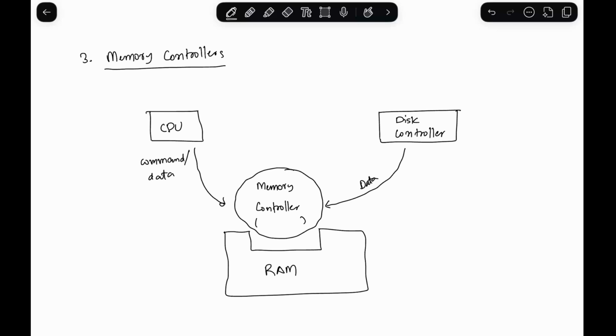So imagine this as a referee. Now if all the requests are going into a queue, there should be a certain way the requests reach the RAM.